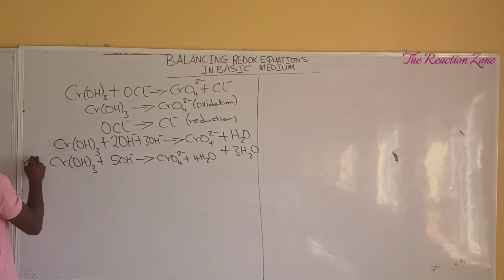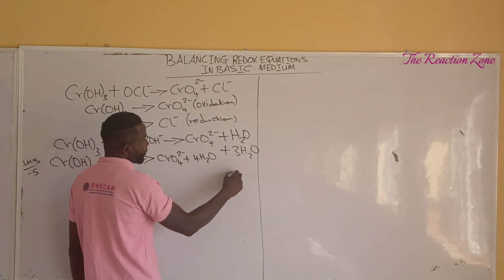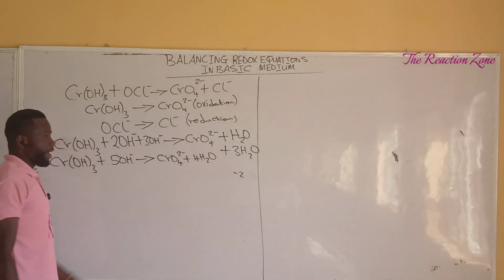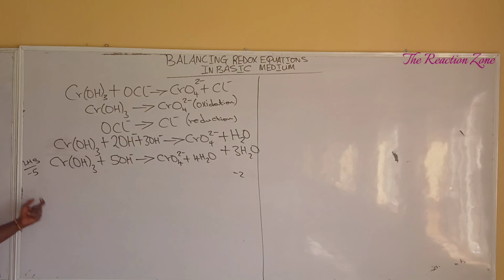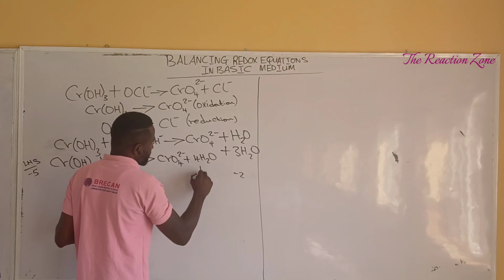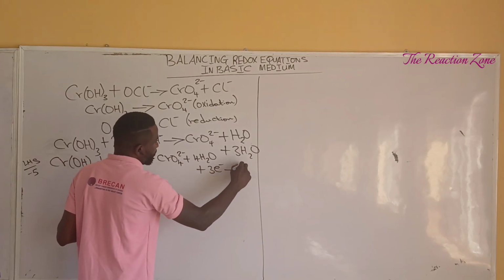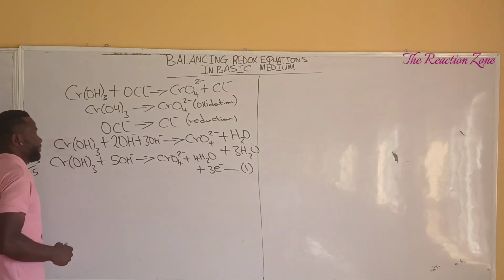On the left-hand side, minus 1 times 5 gives us minus 5. On the right-hand side, minus 2 times 1 gives us minus 2. Minus 2 is greater than minus 5. So what do we do to minus 2 to make it become equal to minus 5? It's simple: add 3 electrons. So this becomes our equation 1.